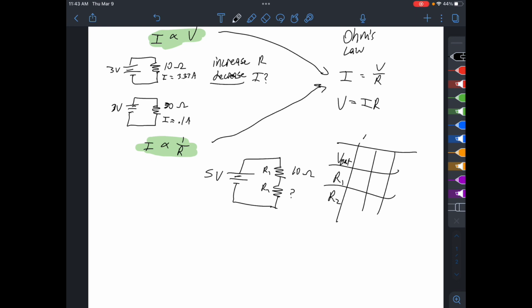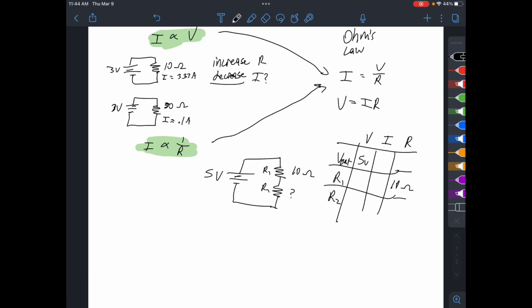where here I'm looking at the electric potential difference, or the change in voltage. And a lot of times you'll just see V. The current going through each component, and then R, the resistance of each component. So I'm given a couple things. The voltage across the battery is 5 volts. The resistance of R1 is 10 ohms. And then that's it.